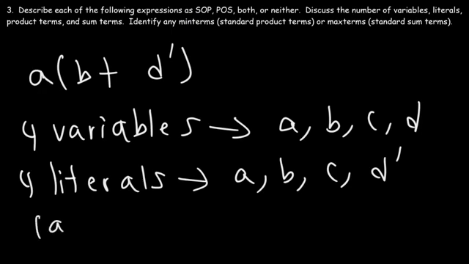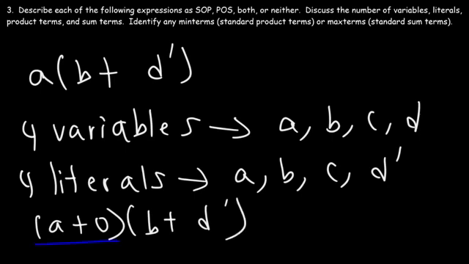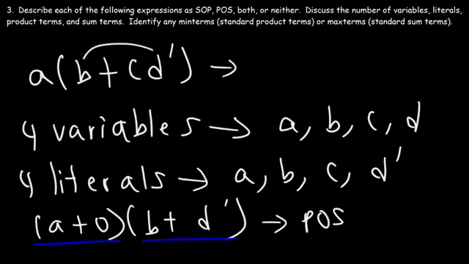You can write that as A plus 0. So that's a sum term. And then B plus D prime. That's another sum term. So this is the product of 2 sum terms. So this would be a POS expression. But once you put C into the mix, this is no longer a sum term, nor is it a product term. So this would be neither.